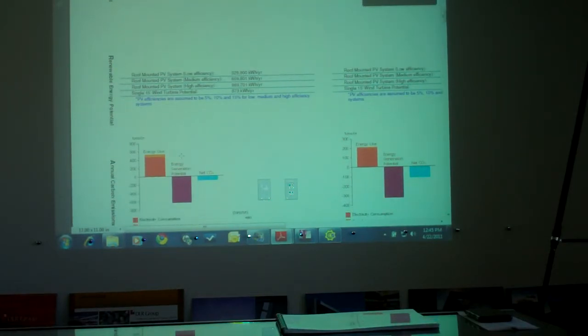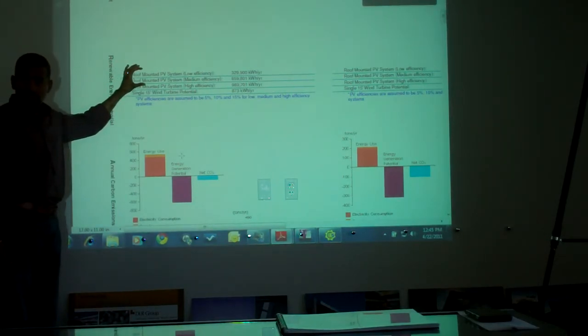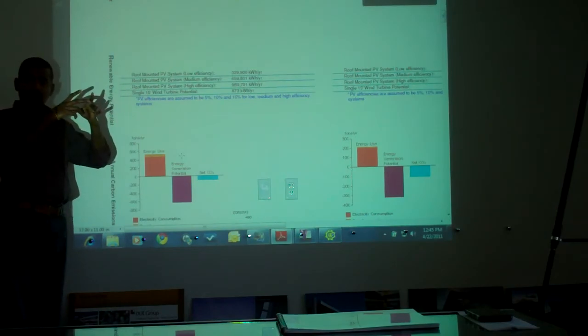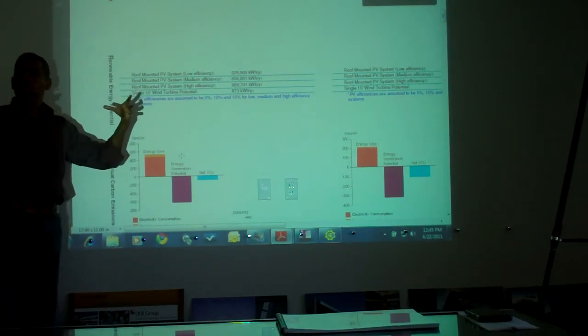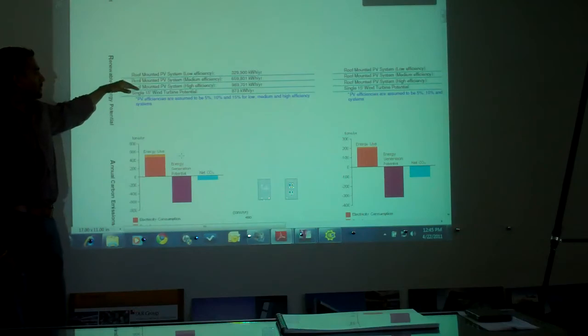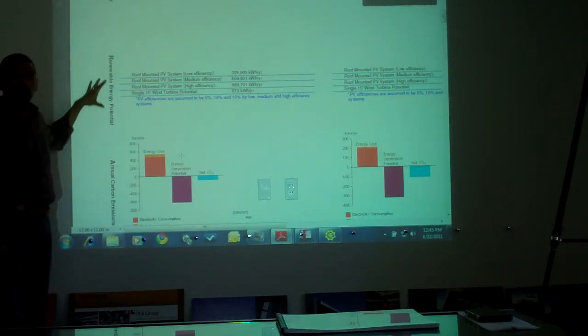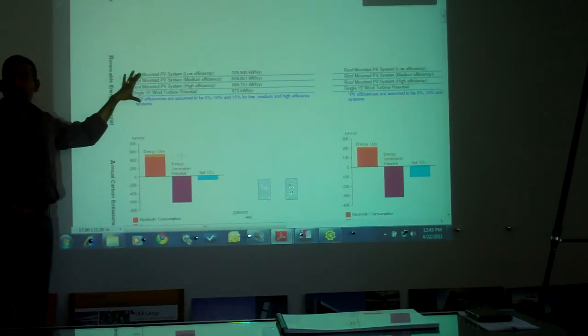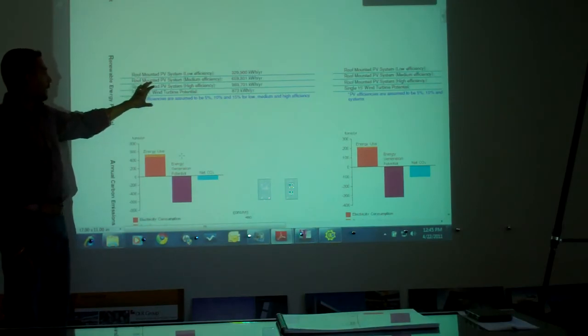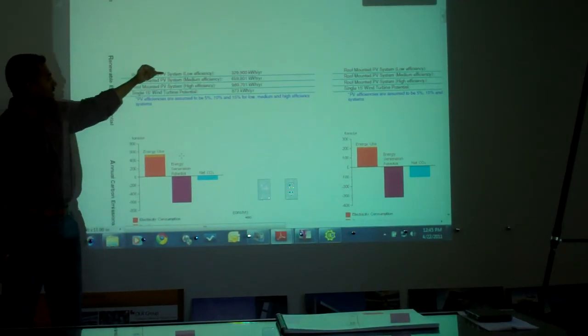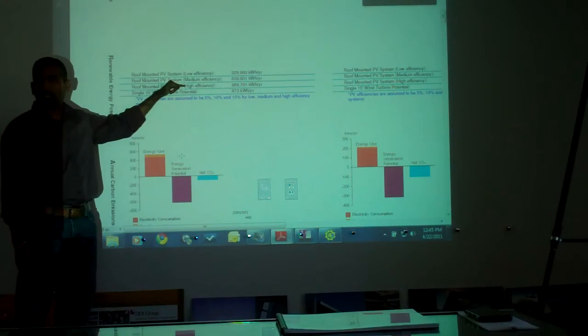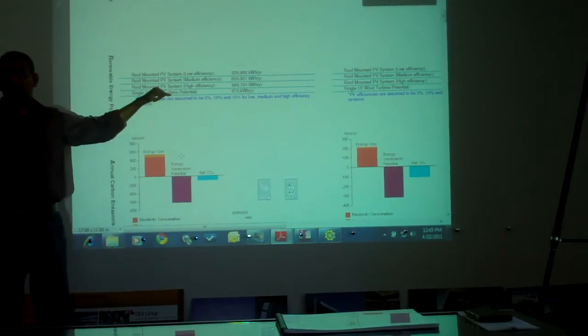And then, here's the nice thing. What Ricky and I went through when it comes to solar systems: based on the square footage of the roof that you have defined in the mass, it automatically gives you the renewable energy potential for the roof. It tells you these three different options: low efficiency, medium efficiency, high efficiency panels.